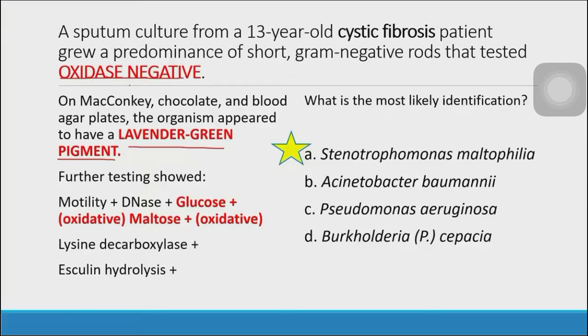Mas mabilis niya na-oxidize si maltose as compared with glucose. So pwede kayo maka-encounter ng mga Stenotrophomonas na positive agad sa maltose, negative sa glucose, because mas mabilis niya ina-oxidize ang maltose as compared with glucose.